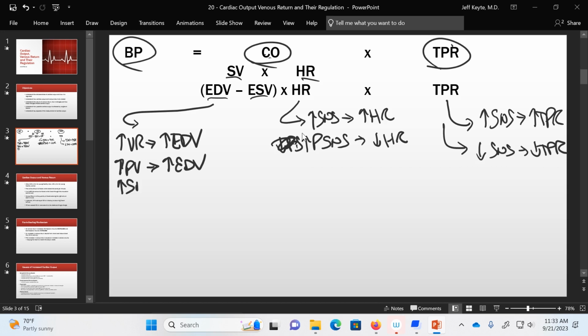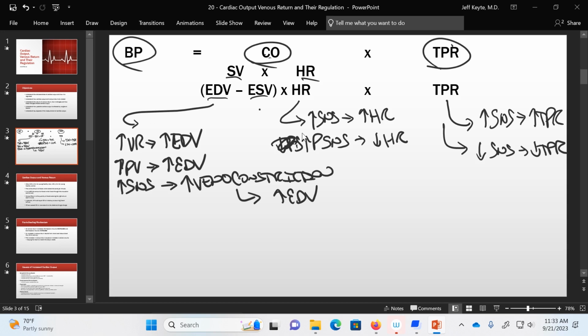So like when the sympathetic nervous system increases, we get venoconstriction. That's a long word, venoconstriction. And then that results in an increase in EDV. Do you get the connection there? Because we're pushing more blood back to the heart because it's not in the veins just sitting there, okay? So those are all things that increase EDV.